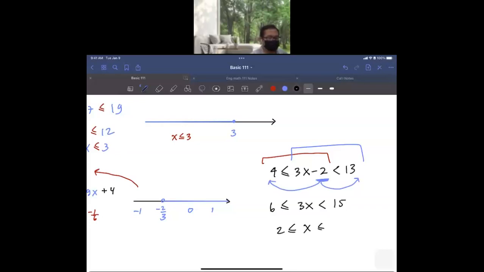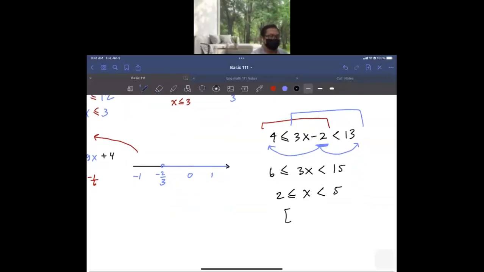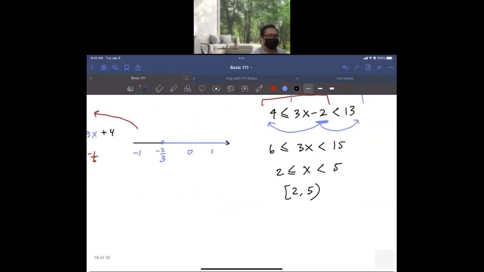And we can simplify, divide all by 3. Well, wait, not equal. So we have 2, 2, 5. On our number line, we are going to have 2, where 2 is included, and 5, which is open.